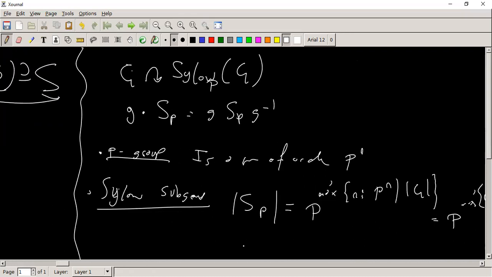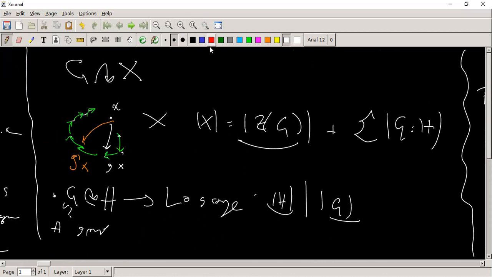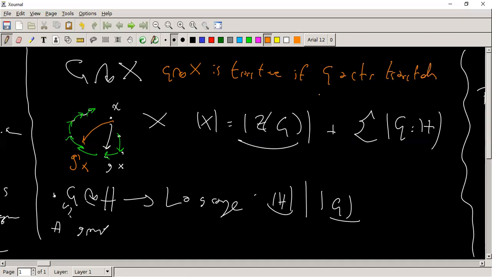So this should pretty much cover everything about groups that you need to know. Oh my God, I almost forgot. Sorry, this is so important. We'll say that an action of G on X is transitive if G acts transitively on the elements of X. Yeah, this is so important.